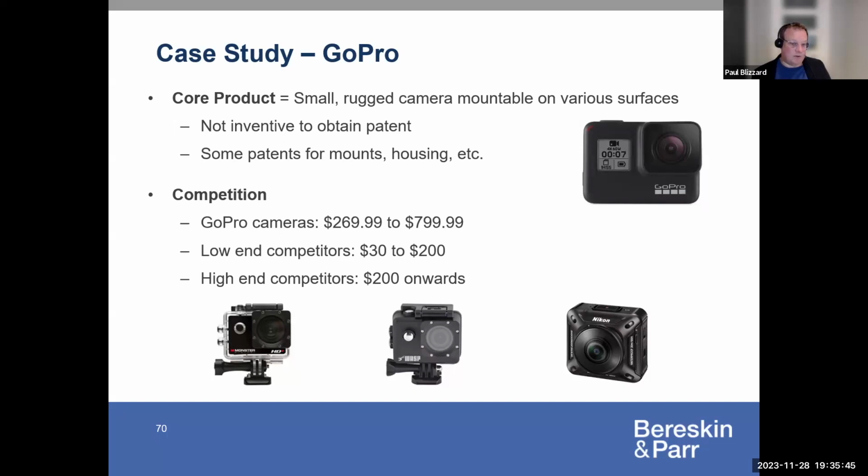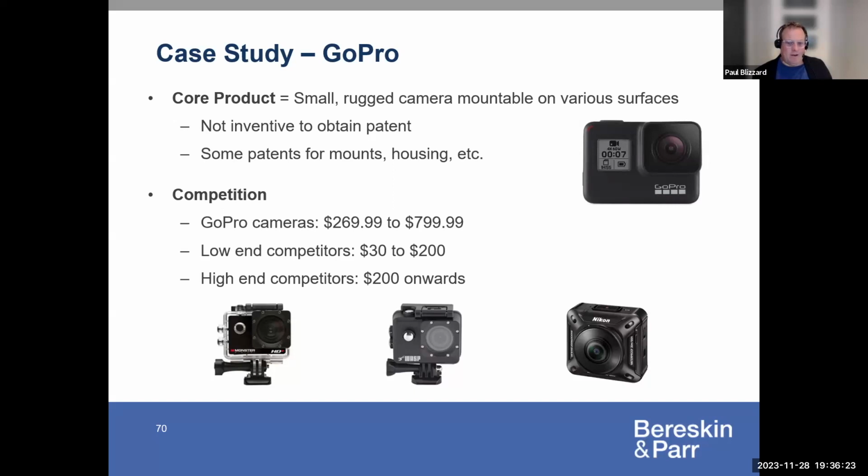There were also competitors in the very high end range, like digital SLR cameras from Nikon and Canon, which make very high quality cameras that can generally do the same thing. So you can see the pricing structure used for GoPro cameras was in the middle, higher than the low end, with some overlap with some of the SLR pricing.